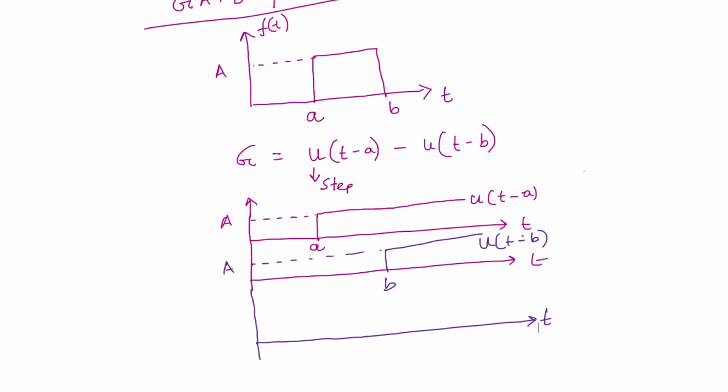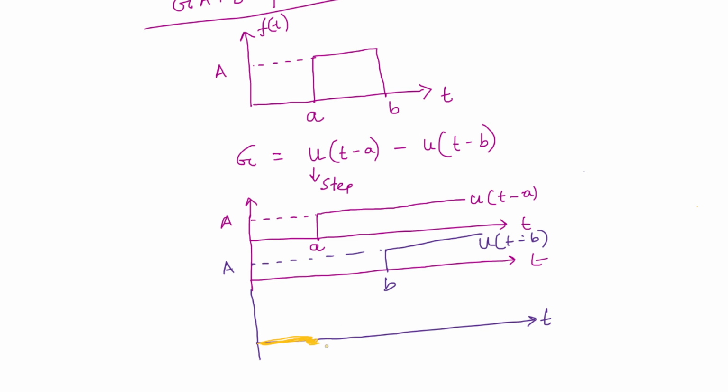Then you can understand that from 0 to a, both the functions are 0. That means u(t minus a) is 0 and u(t minus b) is also 0, so their subtraction 0 minus 0 is 0.